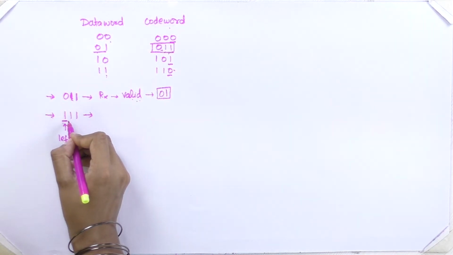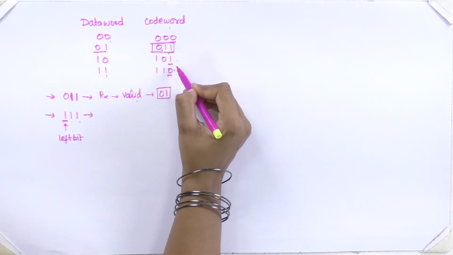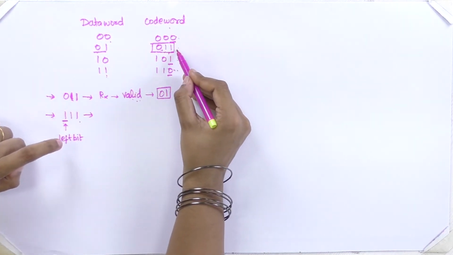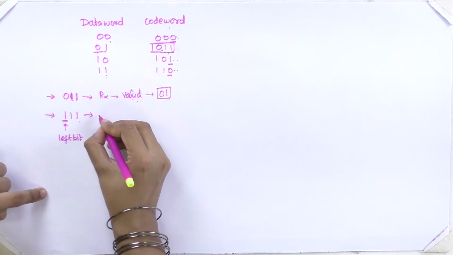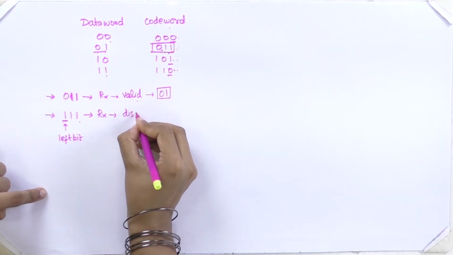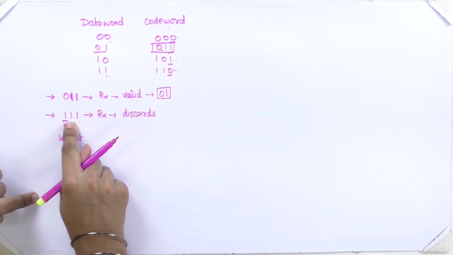So this is not a valid code word. You can see from the table that 111 is not a valid code word among the code words given. So the receiver simply discards this message.